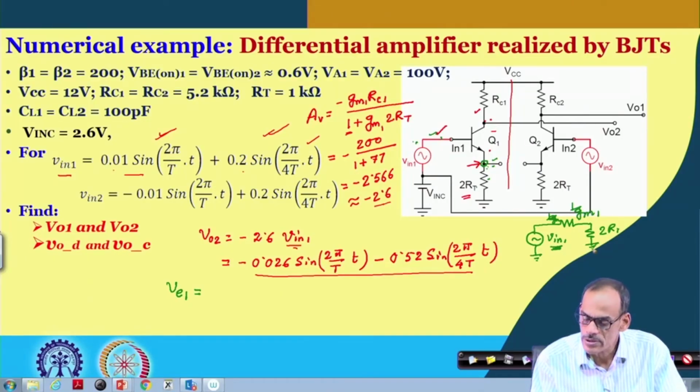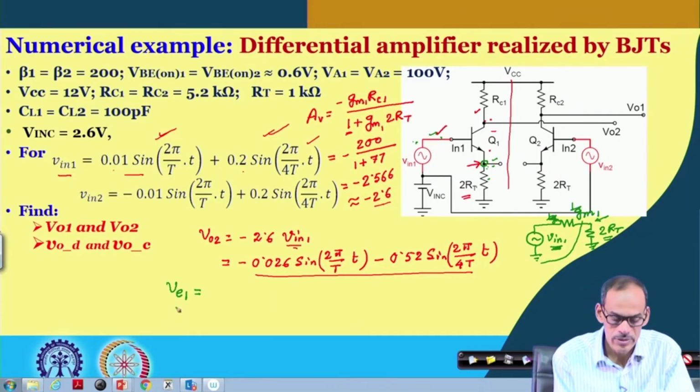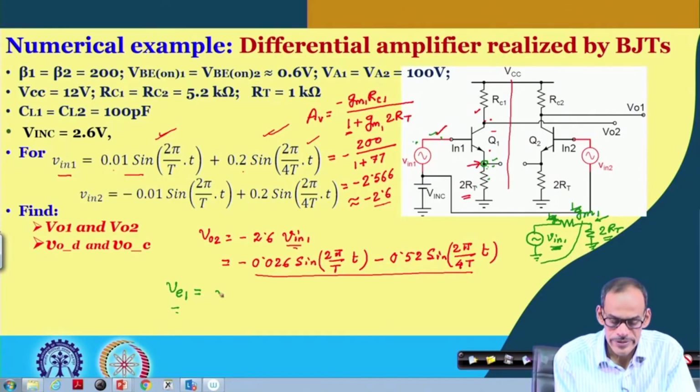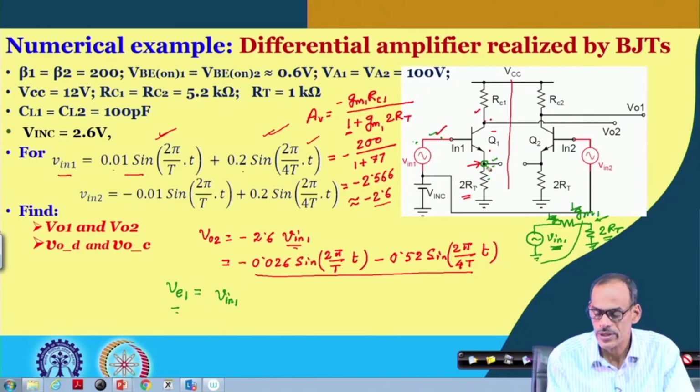So, once this Thevenin equivalent voltage source is getting loaded by 2RT, then whatever voltage we do get here is nothing but this VE1. So, this voltage is Vin1, the reflected signal coming to the emitter, multiplied by 2RT divided by 2RT plus 1 by gm1.